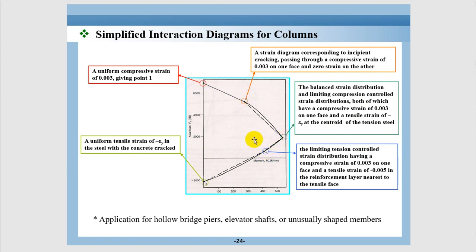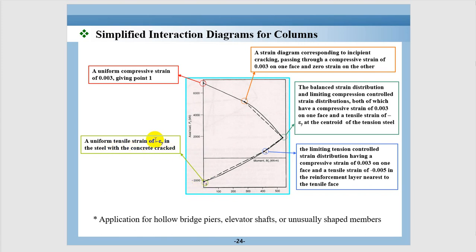We have 5 points, 1, 2, 3, 4, 5, and there's another point here on the other side of the x-axis, the point of uniform tensile strain of -epsilon y in the steel with the concrete cracked.